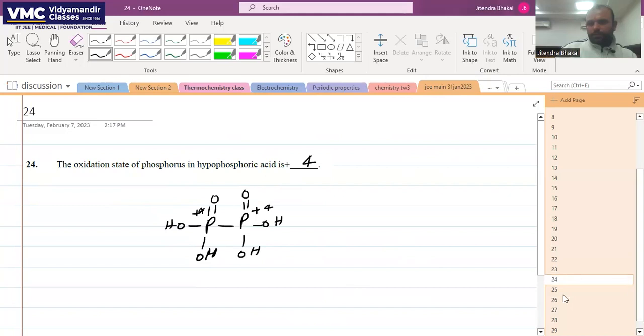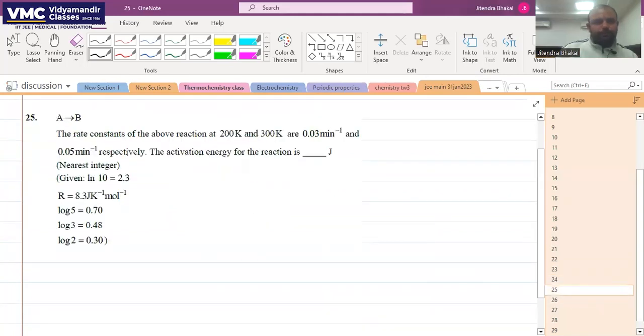And question number 25. Now we have a reaction A to B. The rate constant of the above reaction at two different temperatures are this and this respectively. The activation energy for the reaction, in the nearest integer we need to give the answer.